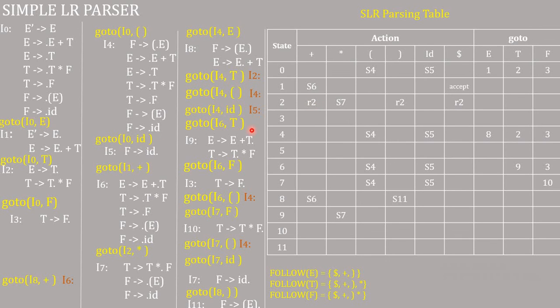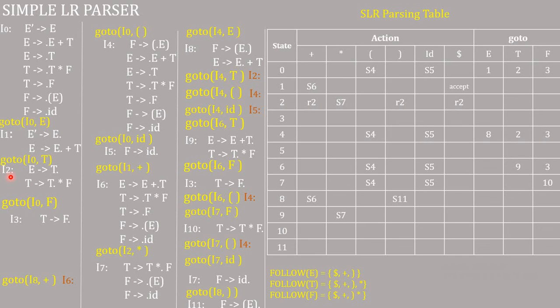I am repeating this point once again, students. We have got a production like E tends to T dot, a production in which dot is at the end. So we have to apply the reduce operation for state 2.